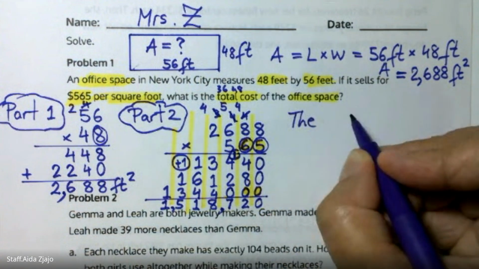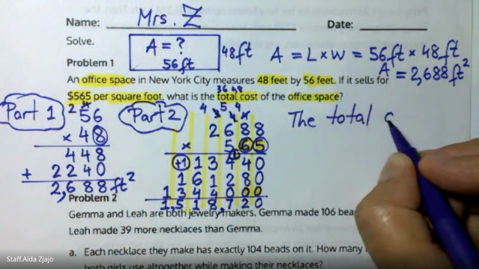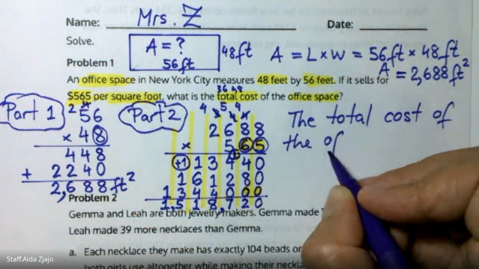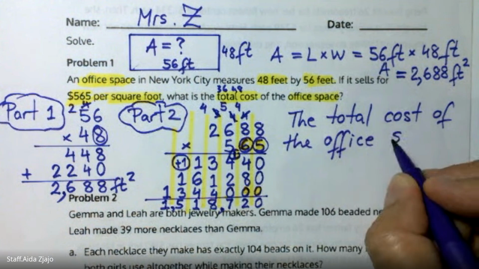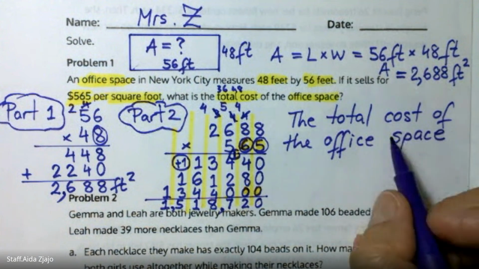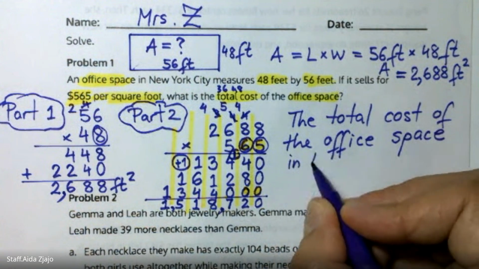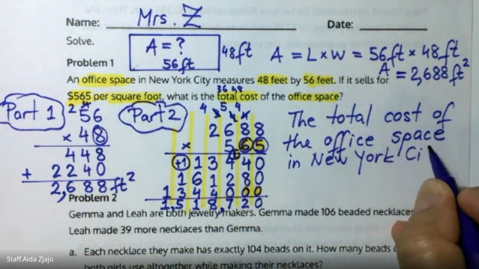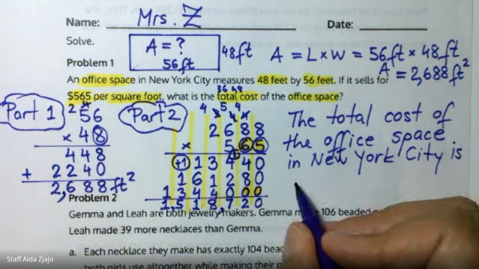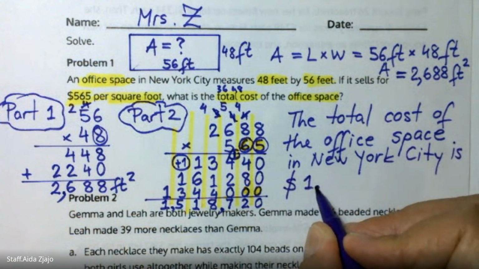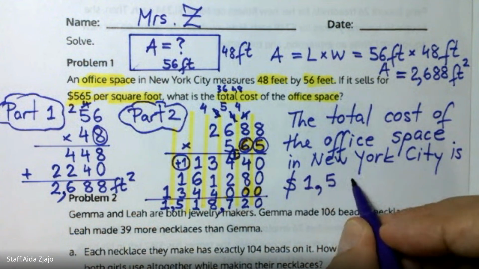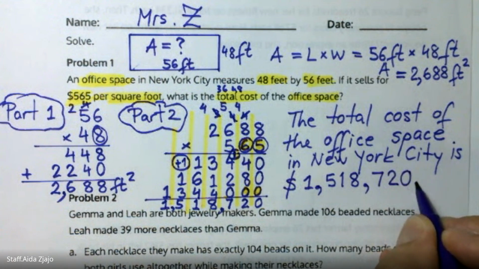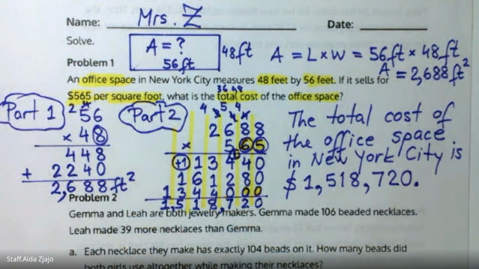The total cost of the office space in New York City is 1,518,720.